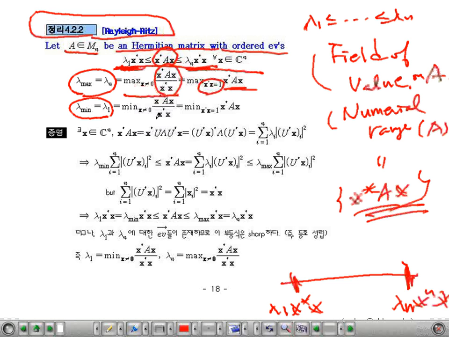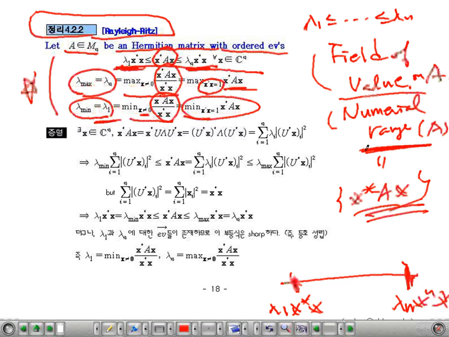The minimum value of this with this condition, which can be written in this way, is the smallest eigenvalue of that matrix. Now we show why it is so. This is very important. For a Hermitian matrix, for the minimum and maximum values, you don't have to do anything. Just find the eigenvalues. Isn't it? For this field of values, the numerical range, when you study it, you already know what the minimum and the maximum are.